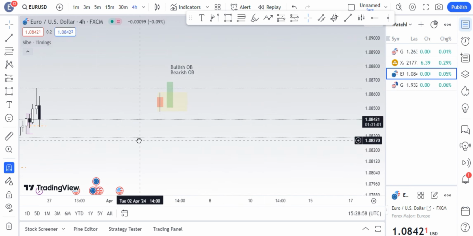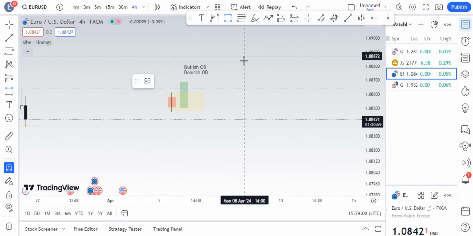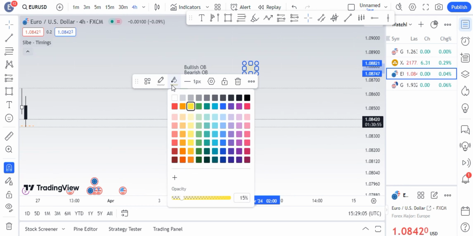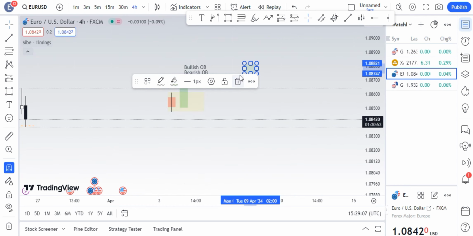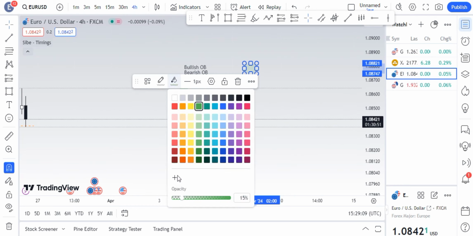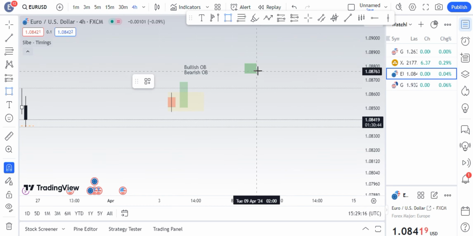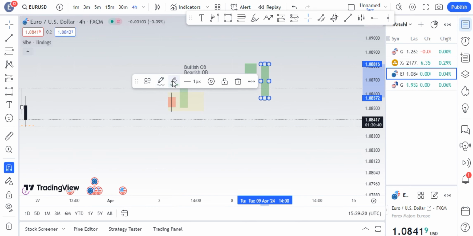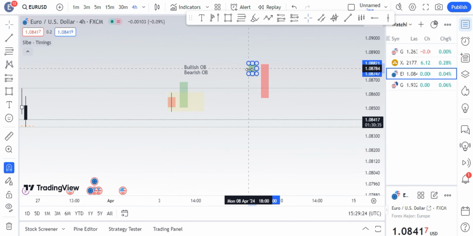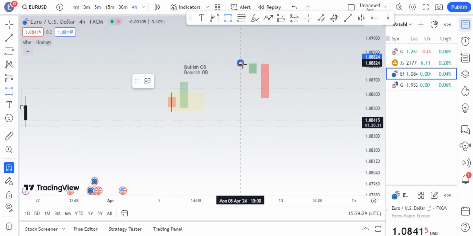Now, in the case of a bearish OB, we're going to have the last up close candle, which will be a bullish candle right here, before the sell. And in this case, this will be our bearish order block.